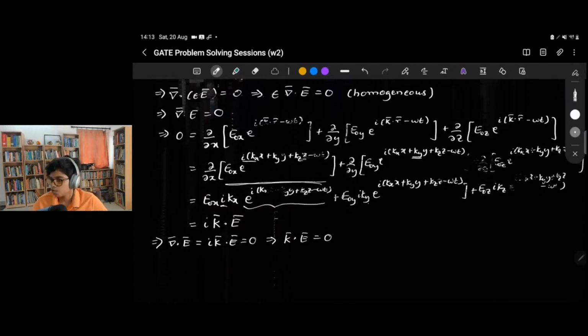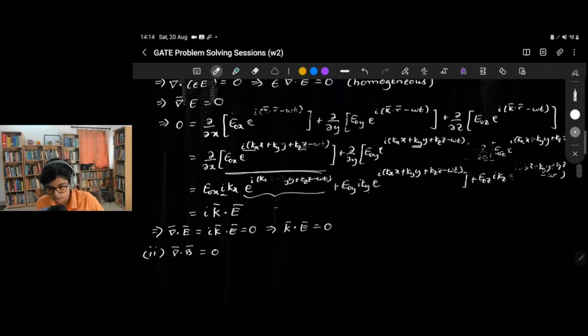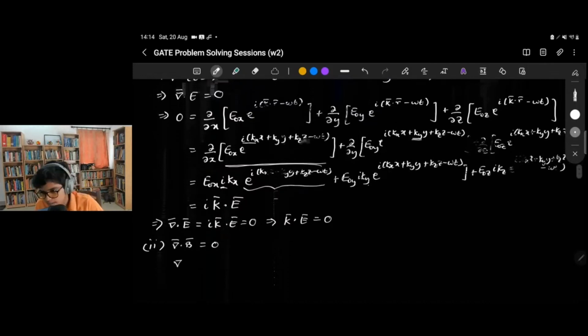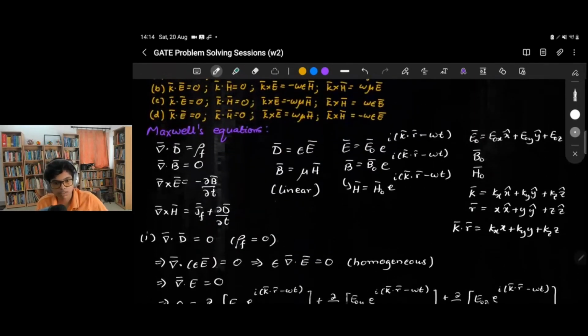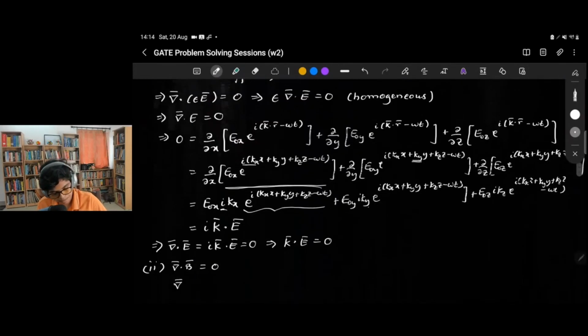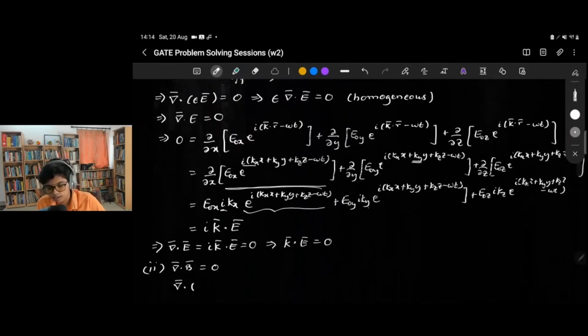Now we will focus on the second term. So similar to how we focused on the first Maxwell's equation, similarly we will focus on the second Maxwell's equation. So next, we will start by this. Now you see that we had written that B is nothing but mu times H. So del dot B is nothing but del dot mu H, which is equal to 0.